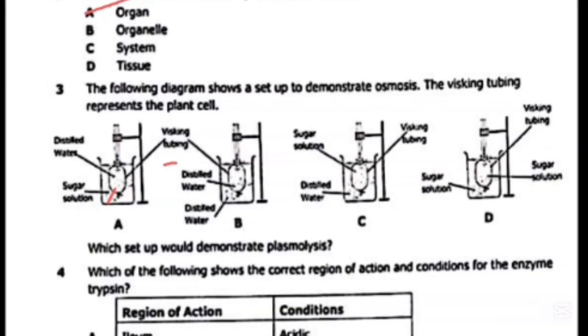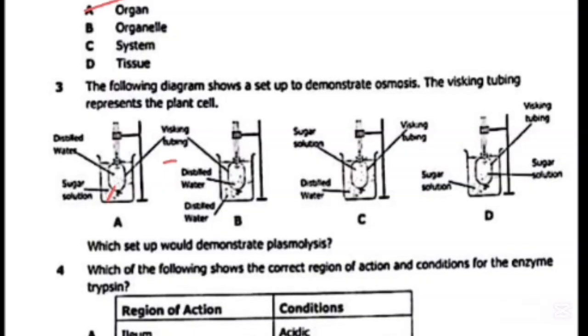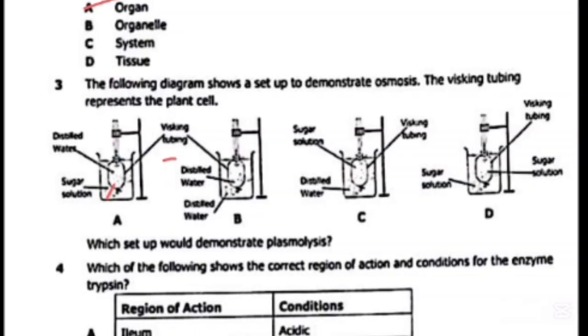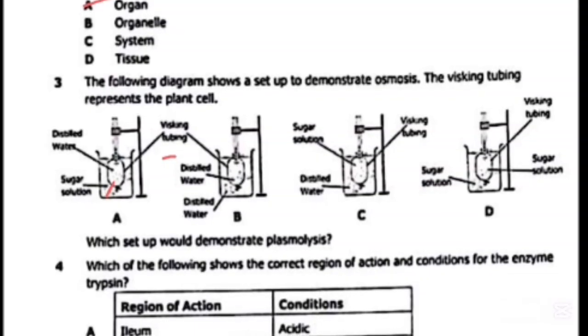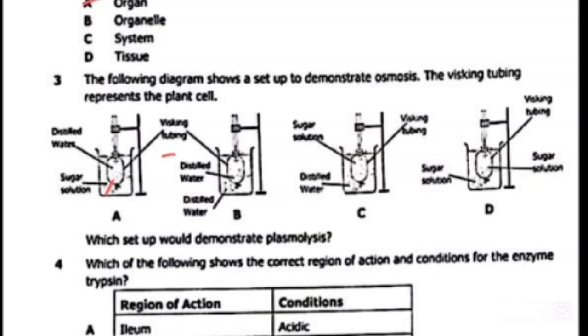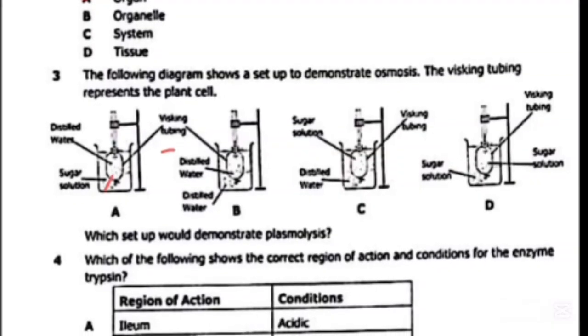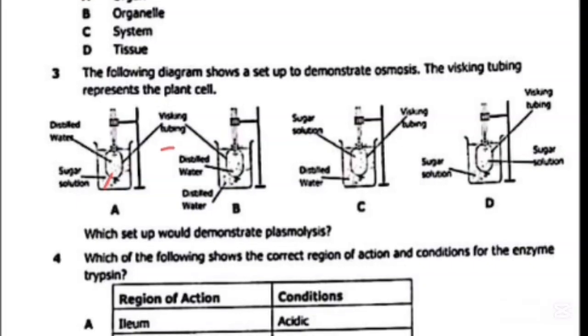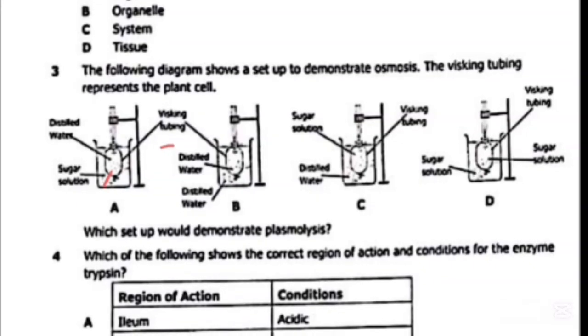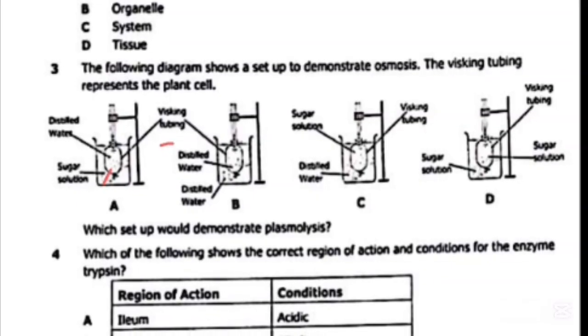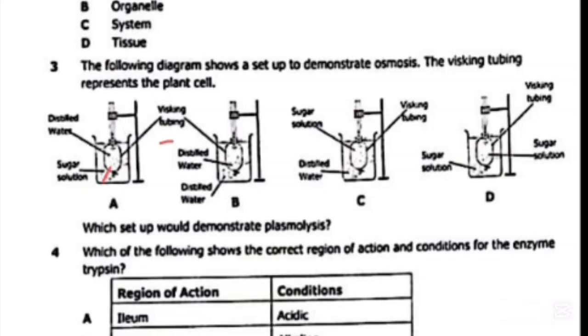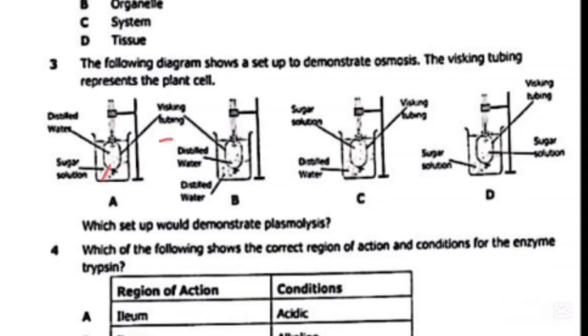The cell contains salt, sugar, and water in the vacuole. But here we have two solutions. One is inside the Visking tubing, which is demonstrating osmosis. Then outside you have sugar solution.